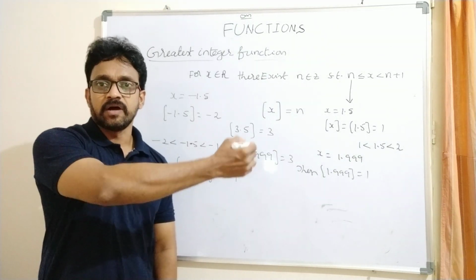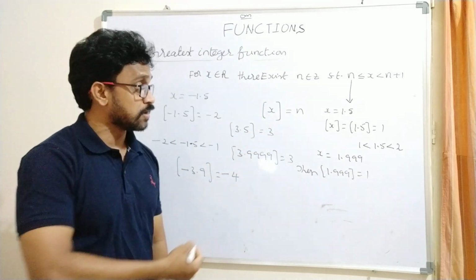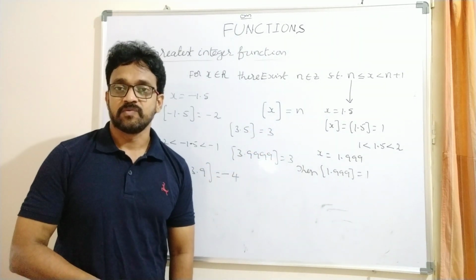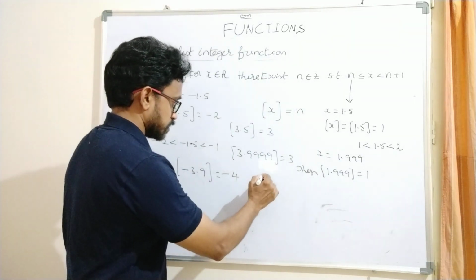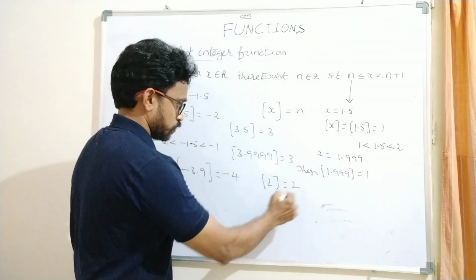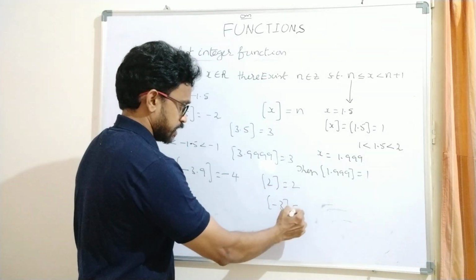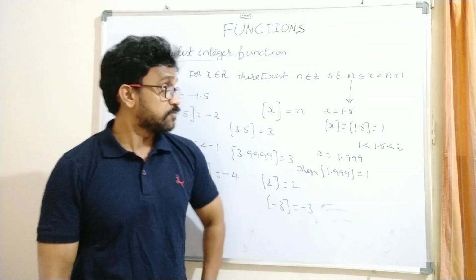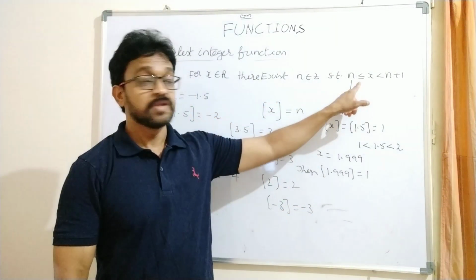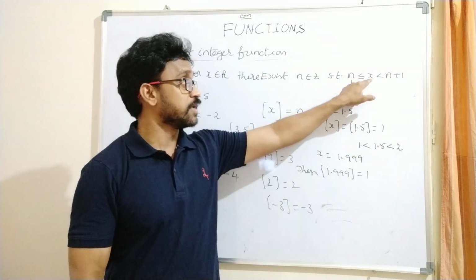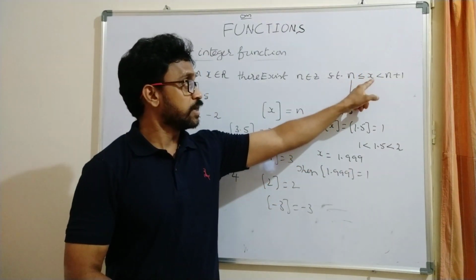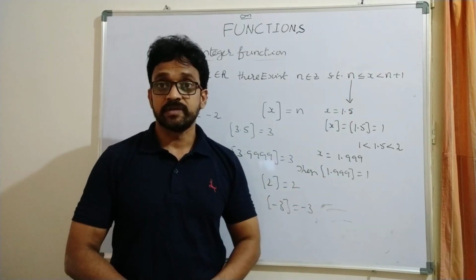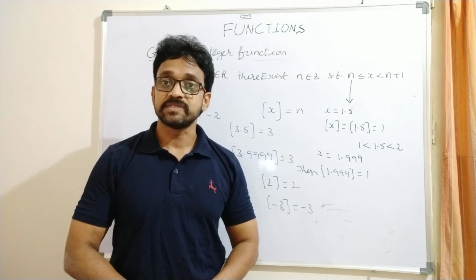Okay, I have taken all x values that are non-integers. What about step of an integer? For example, step 2 is equal to 2. Step of minus 3 is equal to minus 3. Why? Because observing the condition, n is less than or equal to x, n is equal to x when x is an integer.